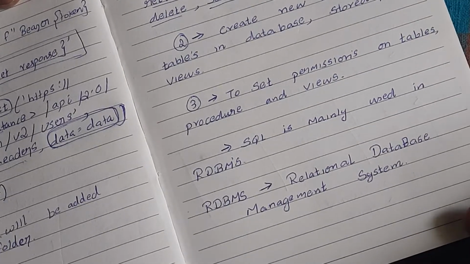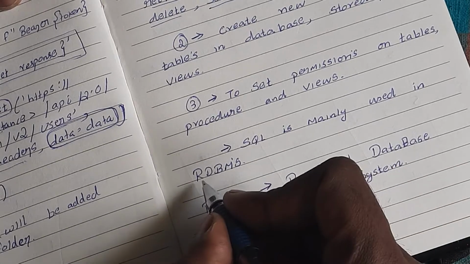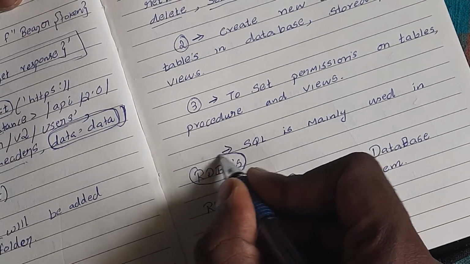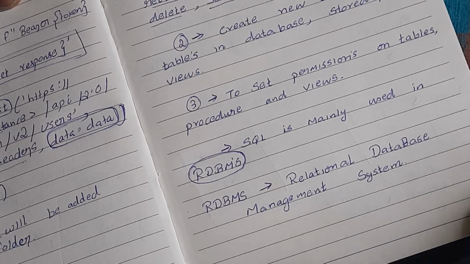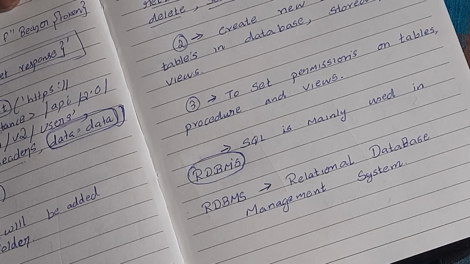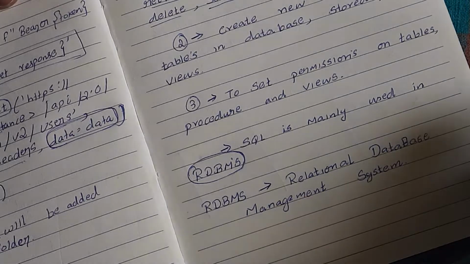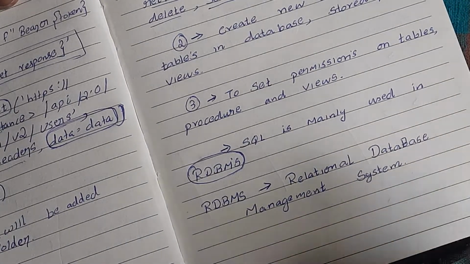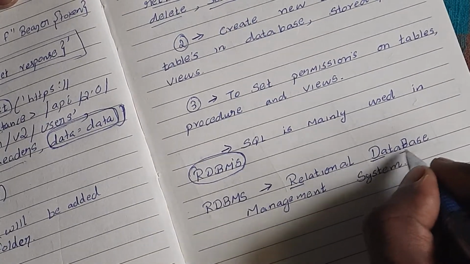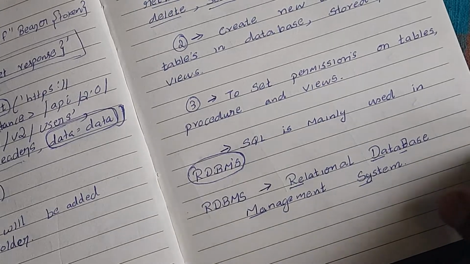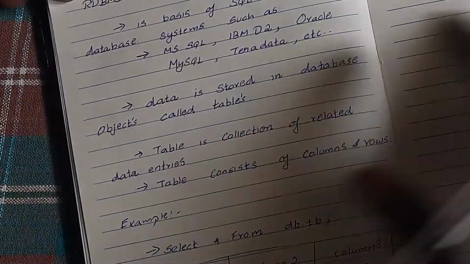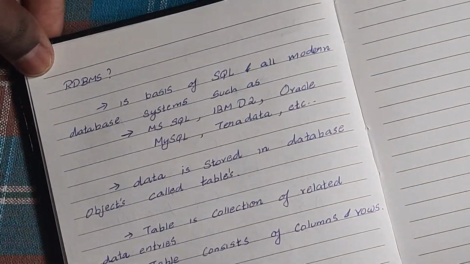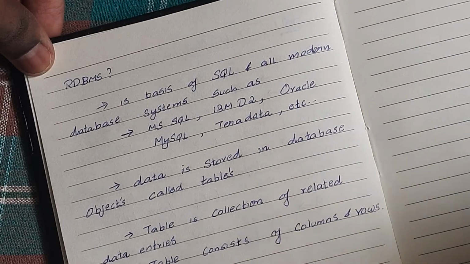Mainly, SQL is used in an RDBMS. Wherever we have an RDBMS system, SQL is the main component we are going to use. What is RDBMS? RDBMS stands for Relational Database Management System. RDBMS is the base of SQL.